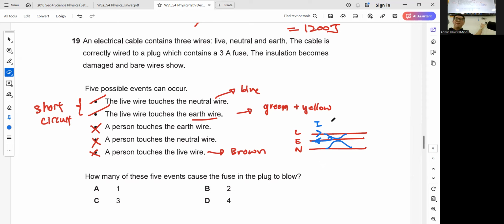So this will catch fire. Then the whole thing will burn. And that's how we had fires in the olden days before fuses were made. So the government made the rule that every household needs to have a circuit breaker, needs to have a fuse because of issues like this.